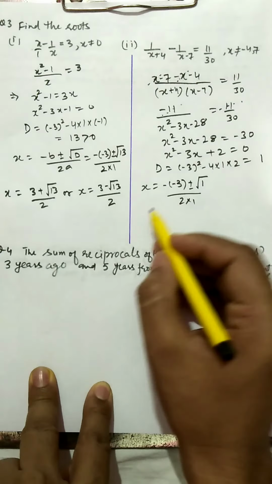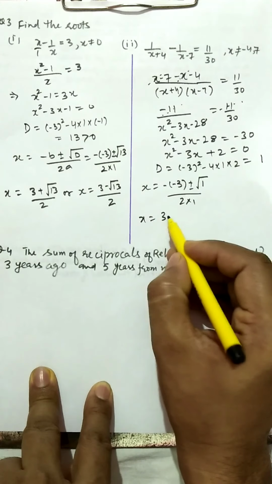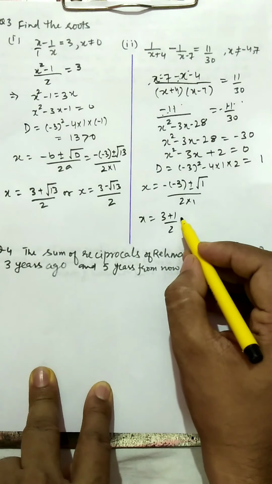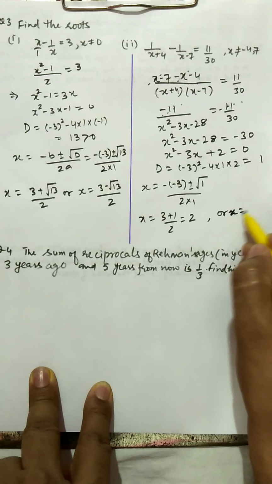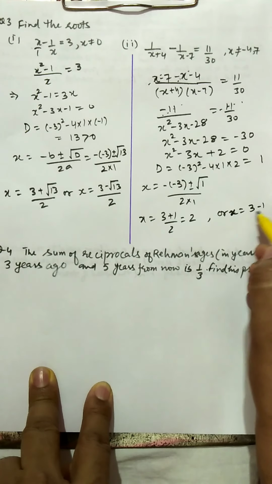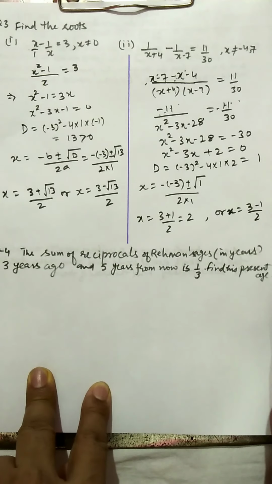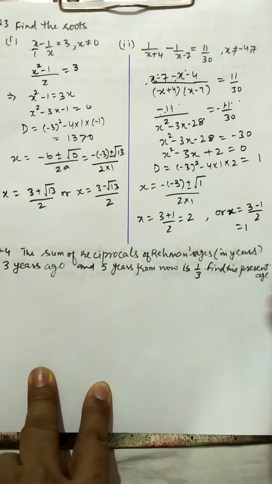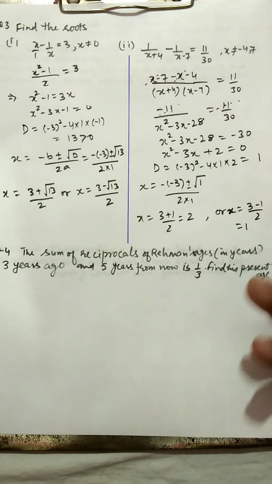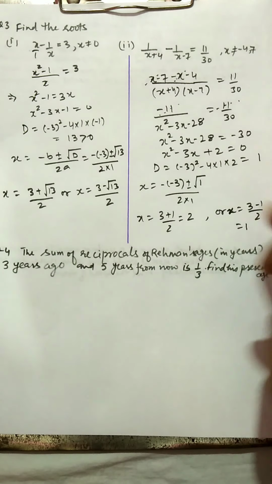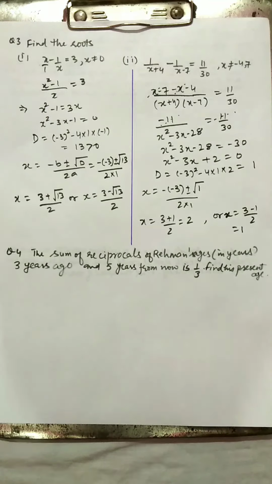So 2 into 1. So your first value is going to be 3 plus 1 upon 2, which is 2, and second value of x will be 3 minus 1 upon 2, and that will be equal to 1. So there are two distinct real values. You can verify your values after putting these into the equation.